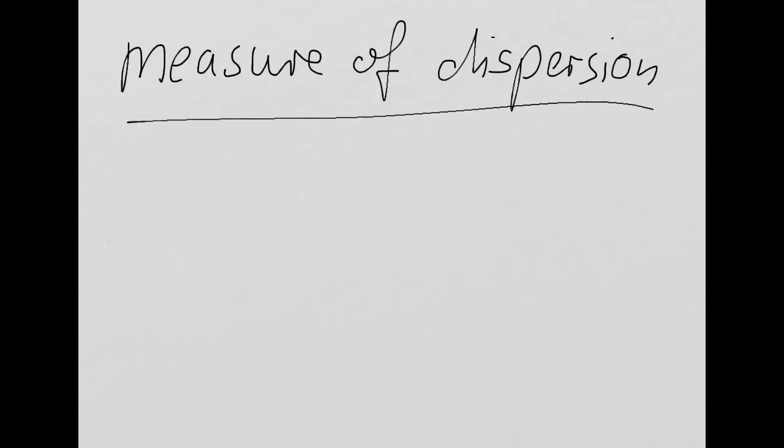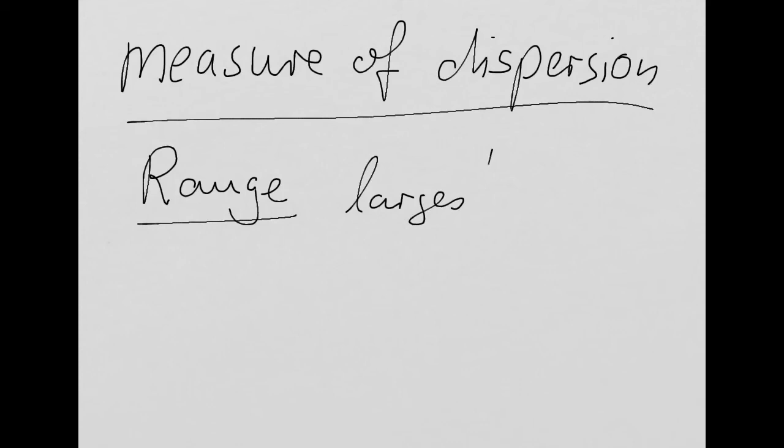It looks at how much our data are spread out. One way of dealing with that is we can define what is called the range of our data. And the range of data simply is the largest minus the smallest data point.